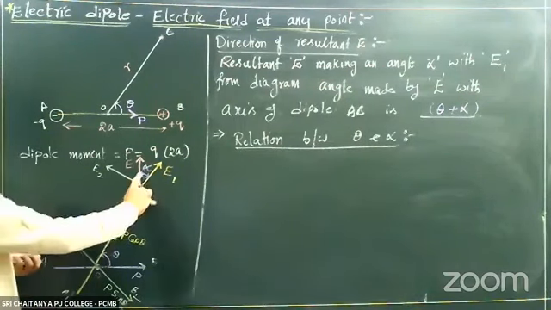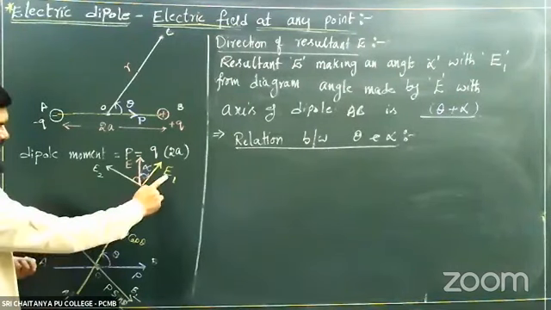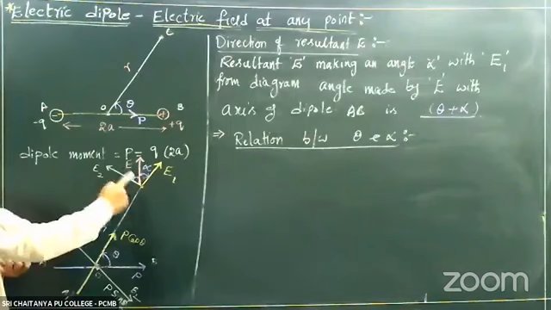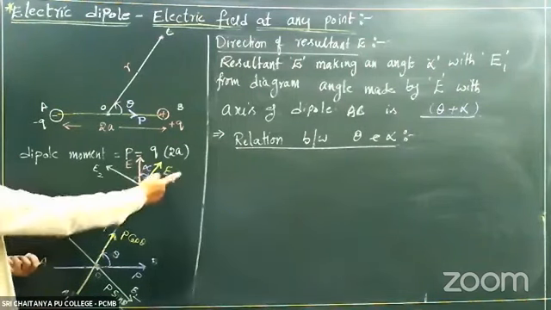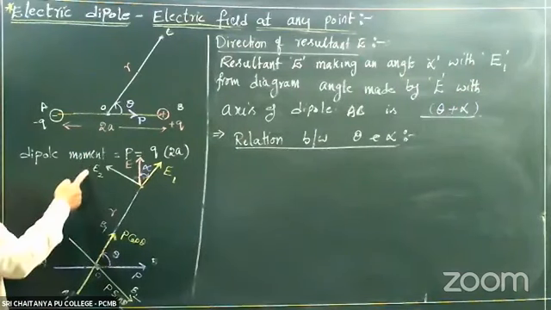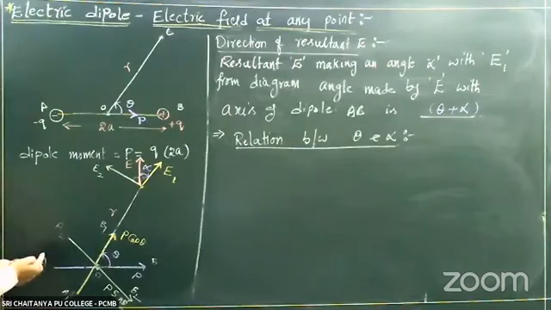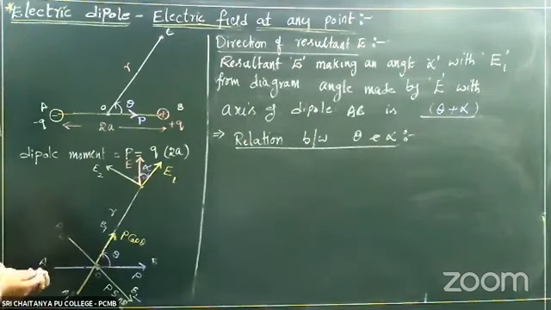With which it is making an angle, it becomes the adjacent side and the other one becomes the opposite side. Right? So what is the adjacent side here? E1 is the adjacent side, E2 is the opposite side. From this, can we write tan alpha?